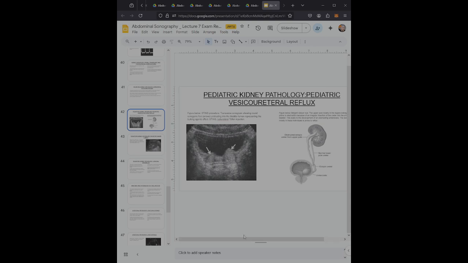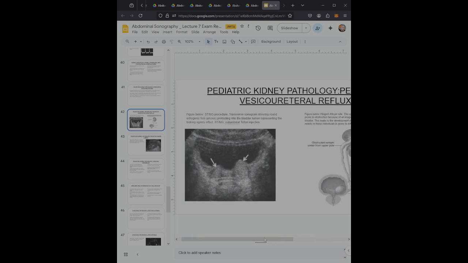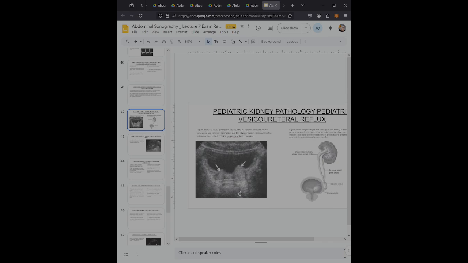And on this transverse sonogram, we can see echogenic foci protruding into the bladder, and these represent what we call the bulking agent effect, or subureteral Teflon injection. That is the medium that was used to examine the bladder.